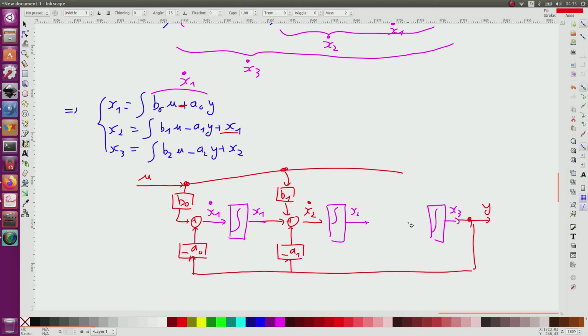For the last one, I will have here this quantity, b2, here an adder, minus a2 due to this, y.